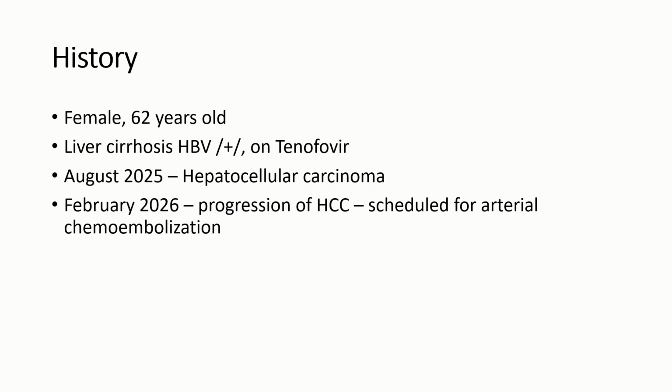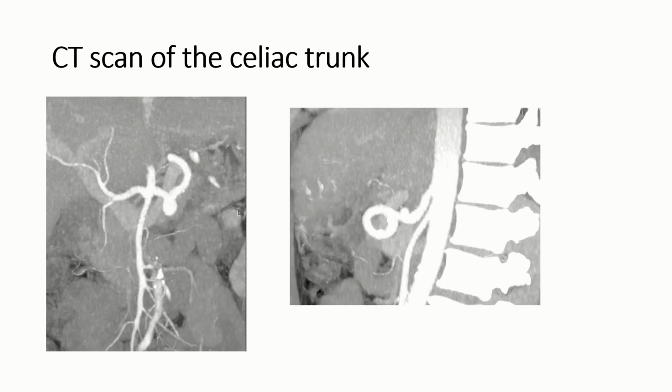And now, last month, she had progression of the hepatocellular carcinoma, and she is now scheduled for transarterial chemoembolization, TACE, procedure. Now we did some reconstructions of the CT scan, and you can clearly see the celiac trunk, the proper hepatic artery, and the mesenteric artery.